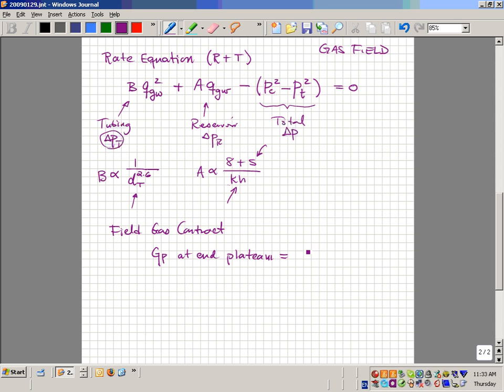Well, it's the gas in place times the number of years of plateau times this fraction, 0.04 in the case of the example here. That's the recovery factor per year. So that's the total gas produced.